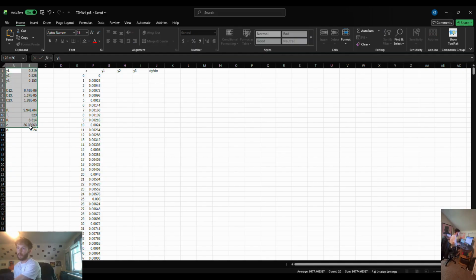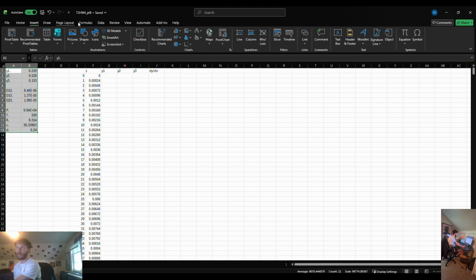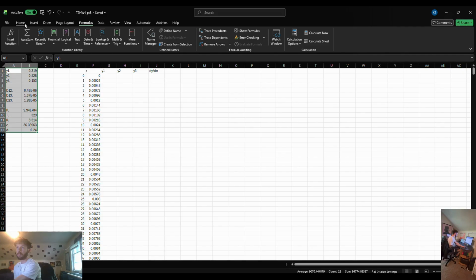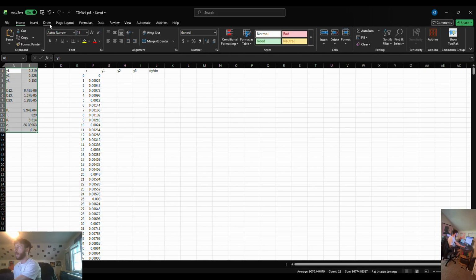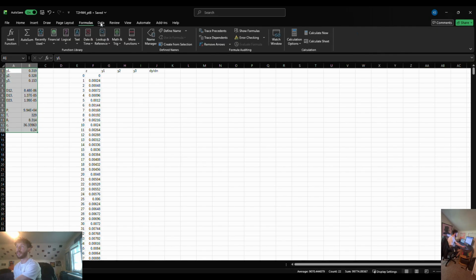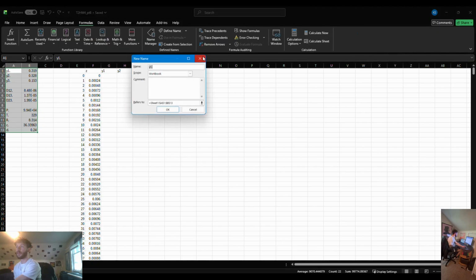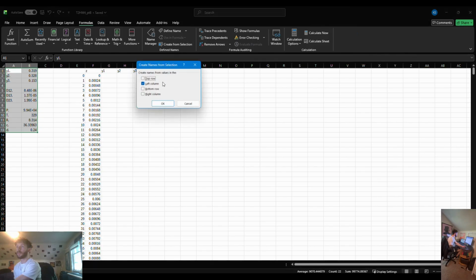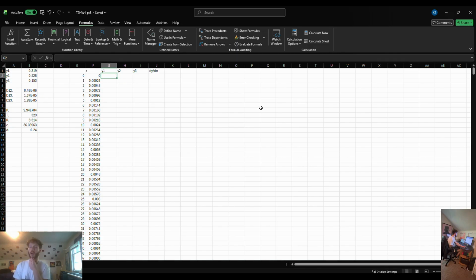So we're given the scaling factor. Okay, yeah. So we're given our mole fractions at the surface.